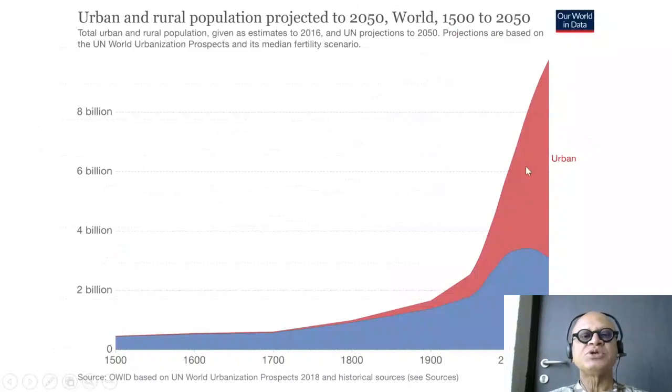So urban population is going to be by 2050 much larger than the rural population. So the rural population in these projections actually declines.